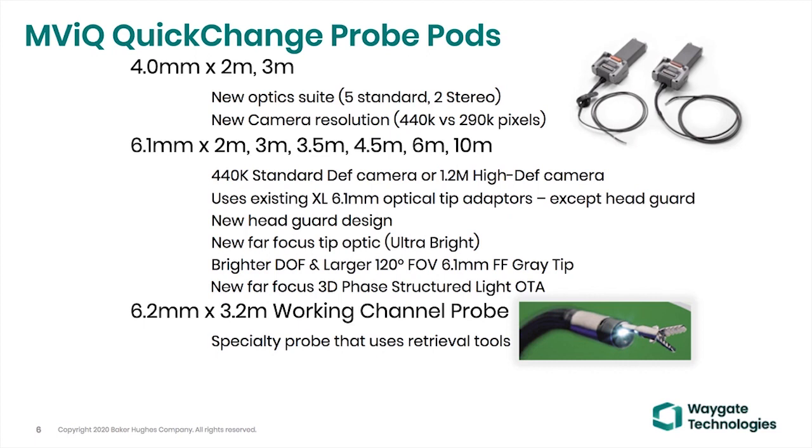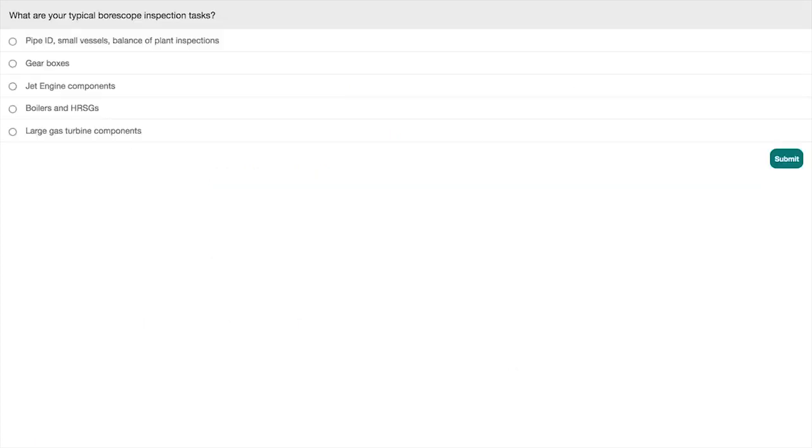So when I'm talking about doing your job, I'm curious to know, when you go out to do a borescope inspection, can you just give me an idea of what are some of your typical borescope inspection tasks, just so I can get a feel for what's important to you when I'm talking about the actual live presentation earlier?